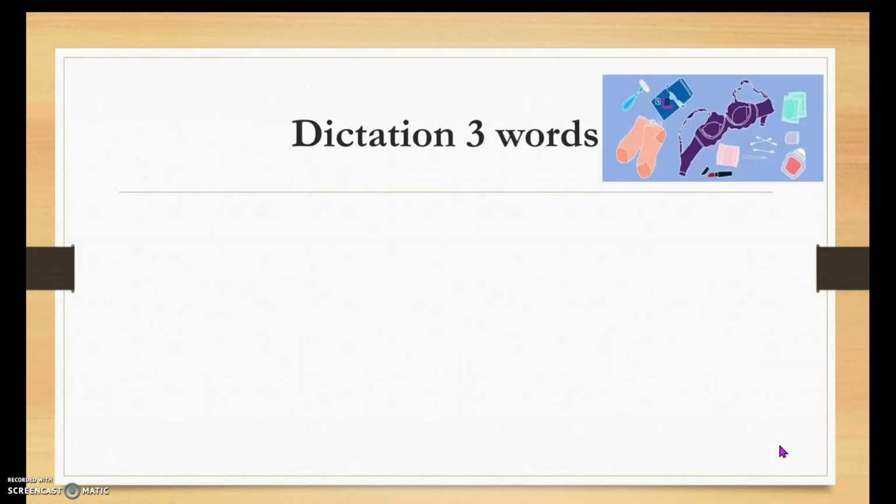Now let's do our dictation of 3 words. Bring out one piece of paper or in your notebooks and write as follows. Okay, let's begin. Number 1. Spell the word penis.